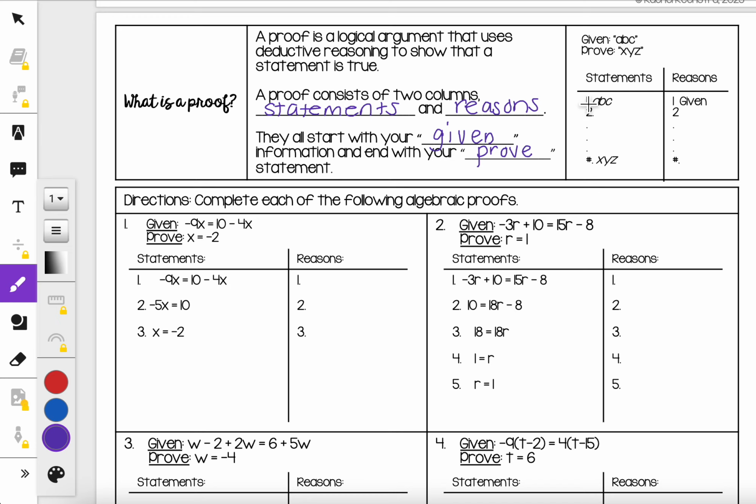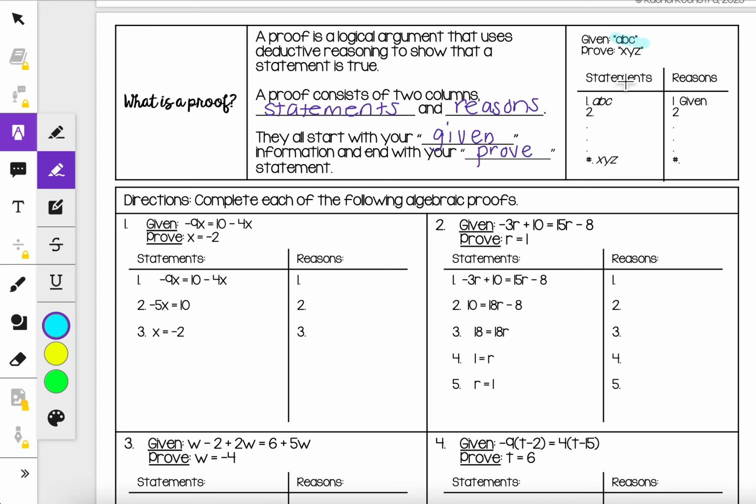Your first statement is always going to be what your given is. Whatever your given is goes right in that first line, and then your reason is given, because that's your given information. You're going to go through however many steps it might take, and once you get to what you were trying to prove, X, Y, Z, you are done.